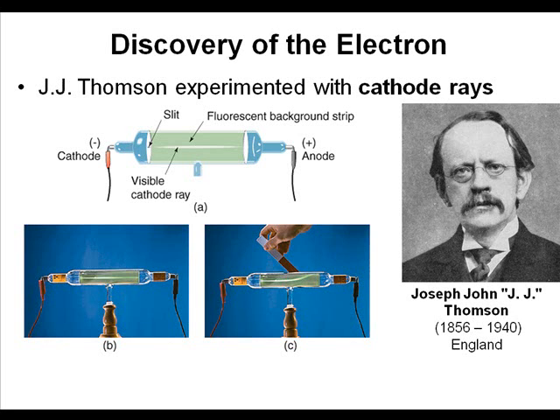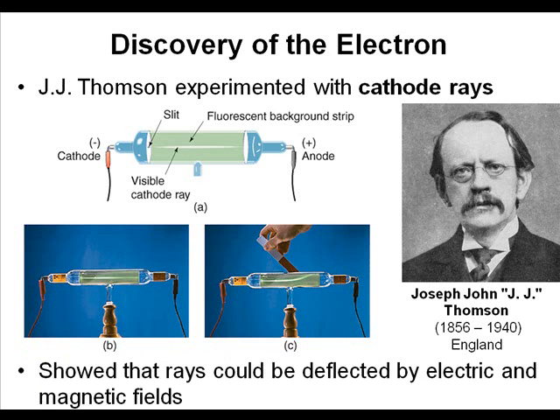And he was able to figure out that the charged particle was an electron, and he could know it was charged negatively because when he placed the magnet near the beam, it bent a different direction. So because the beam was being deflected or changed by both electric and magnetic fields, he knew it had to be charged, and the direction that it was bending indicated that it was charged negatively.